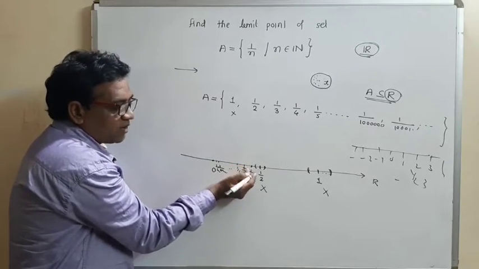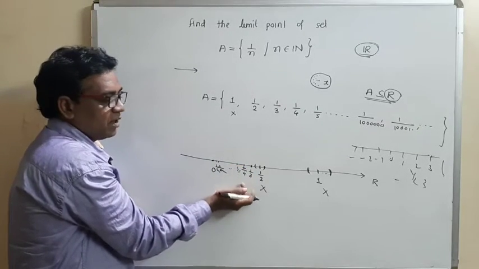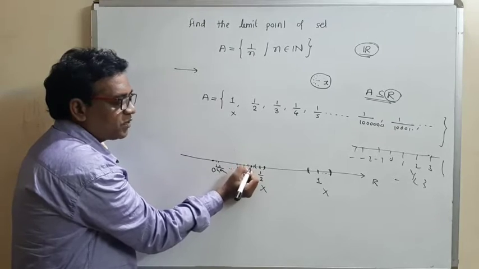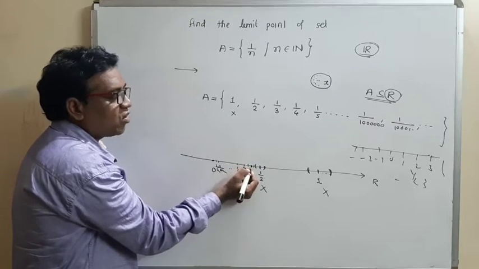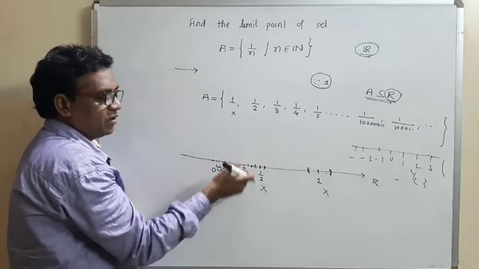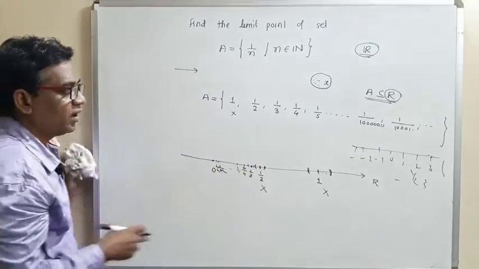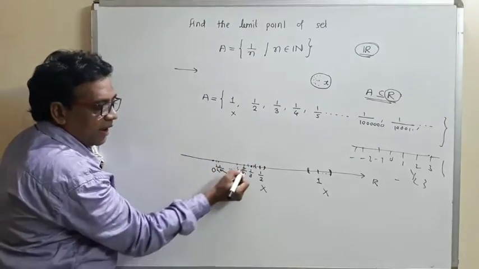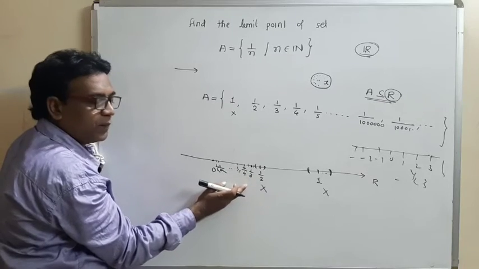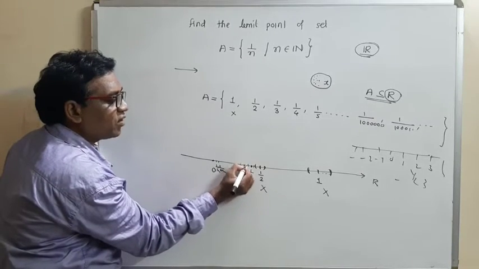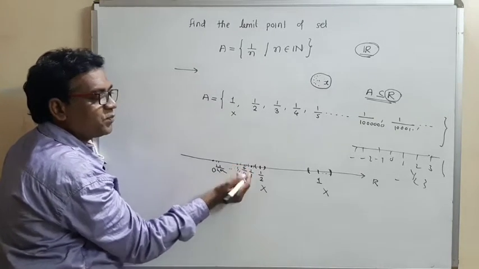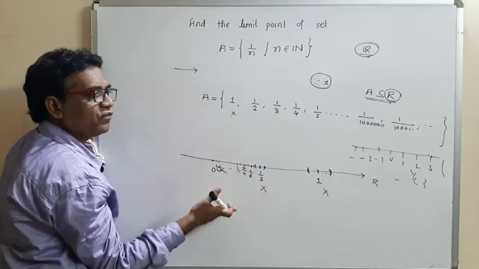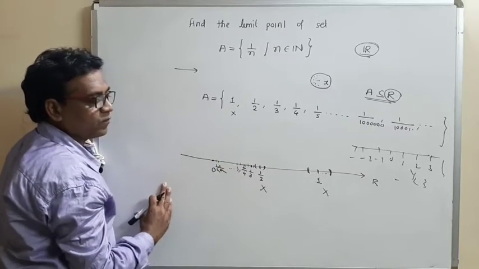X equal to 1 upon 3 is again not a limit point, because this open sphere does not contain a point of A. Check the next point, X equal to 1 upon 4. This is not the limit point, because if we draw this open sphere, it does not contain a point of A.